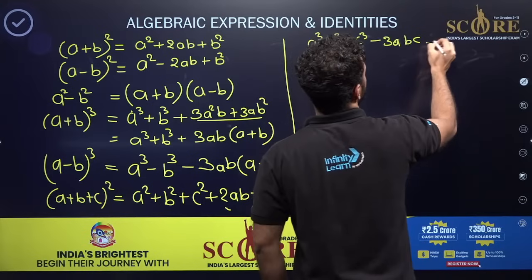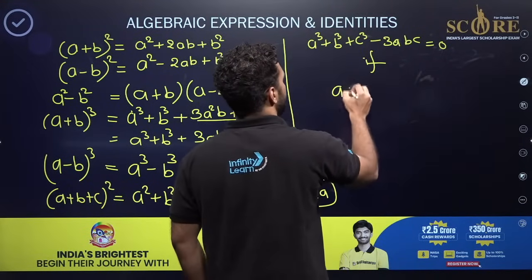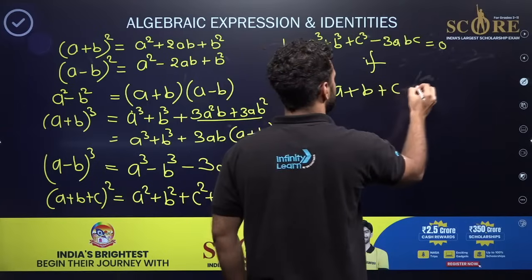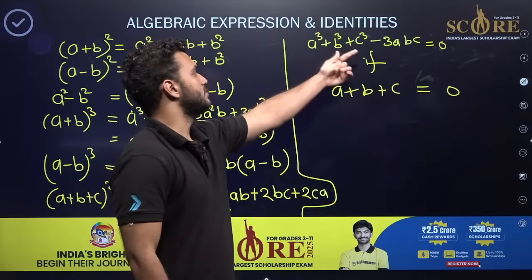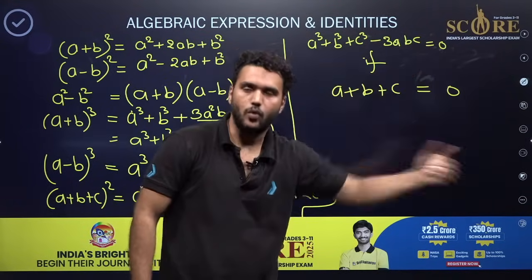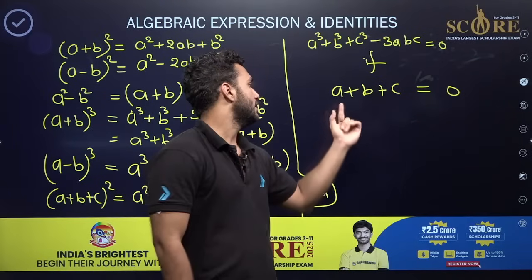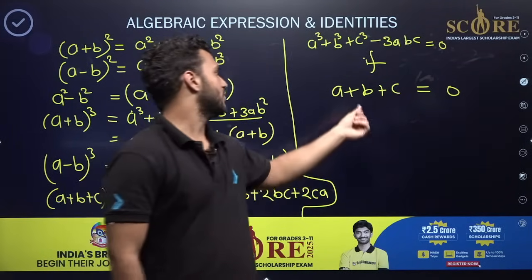See, a cube plus b cube plus c cube minus 3abc will become 0 if a plus b plus c is equal to 0. It is given. Why am I saying this with a condition?